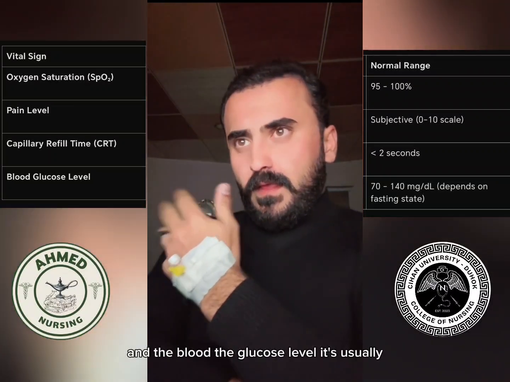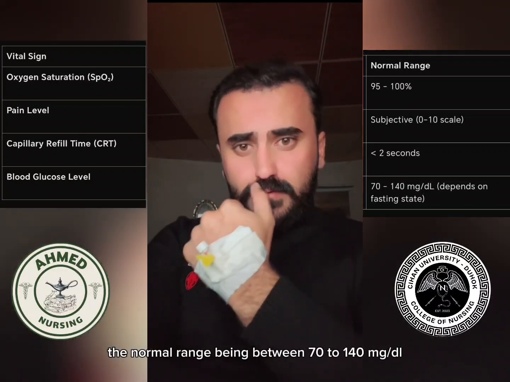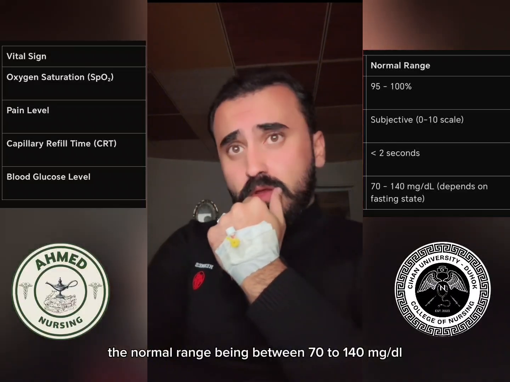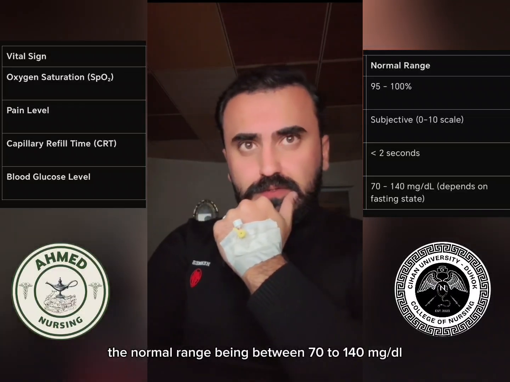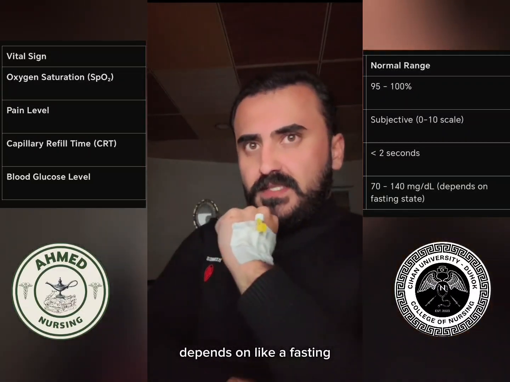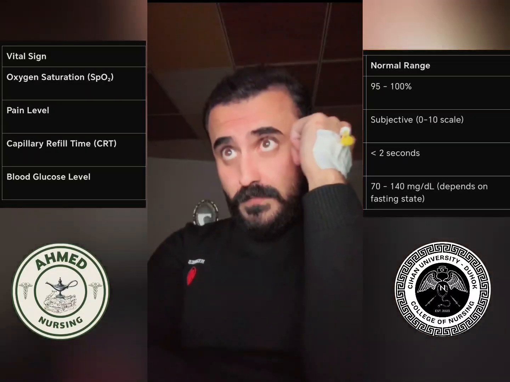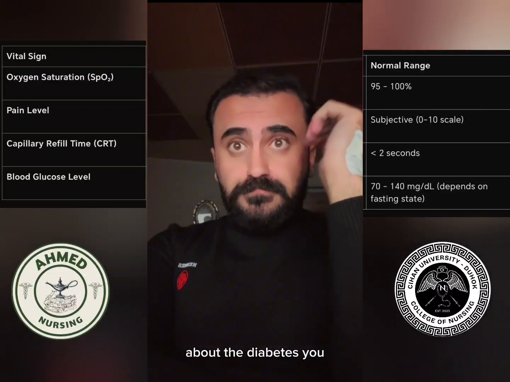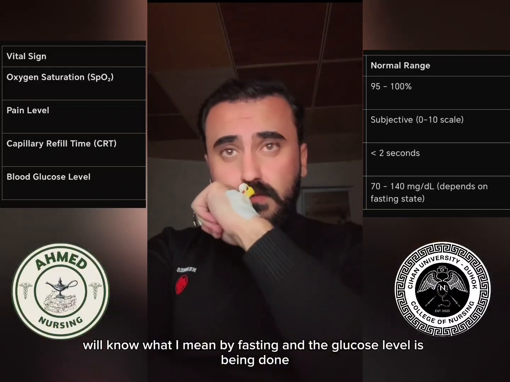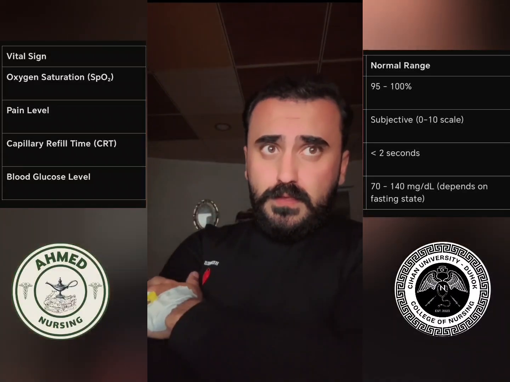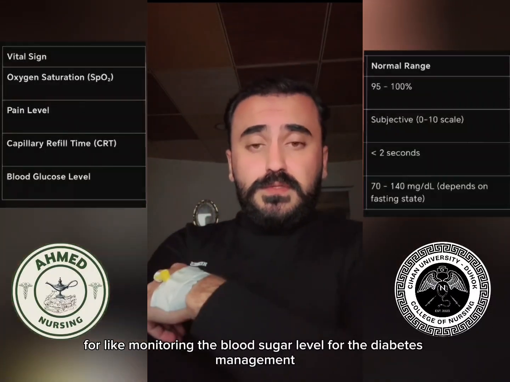And the blood glucose level, the normal range is usually between 70 and 140 milligrams per deciliter, depending on fasting, because when we talk later, inshallah, about diabetes, you will know what I mean by fasting. The glucose level is checked for monitoring the blood sugar level for diabetes management.